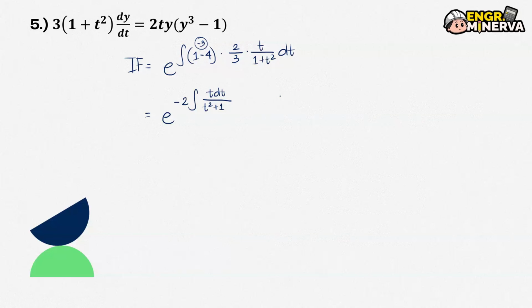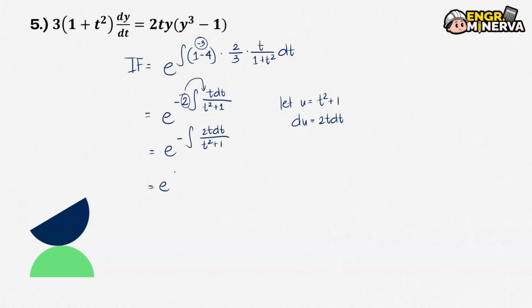So if we let u be t squared plus 1, your derivative of u must be 2t dt. So it means we need 2 here on the numerator. So we have 2 as the coefficient, so let's just move this one inside. This is e raised to the integral of 2t dt over t squared plus 1.